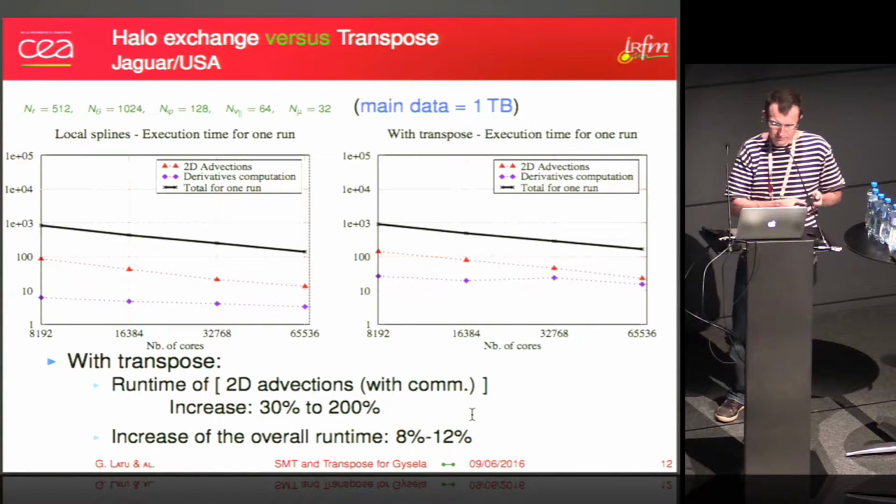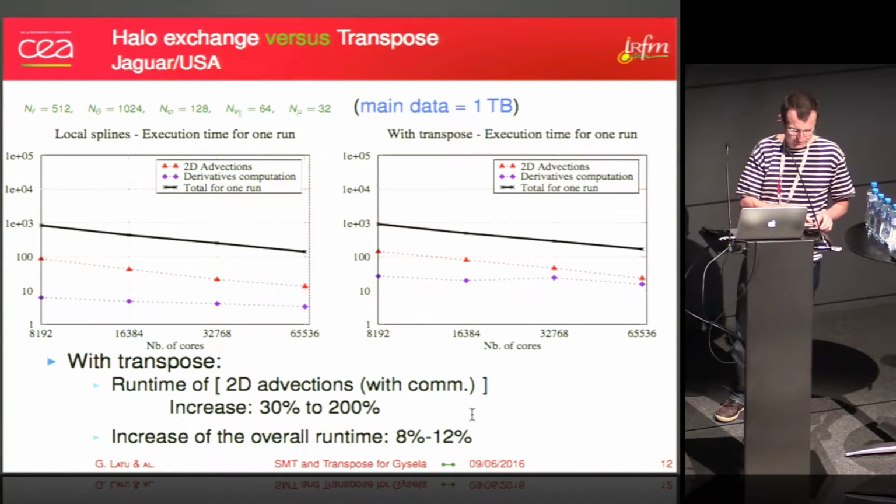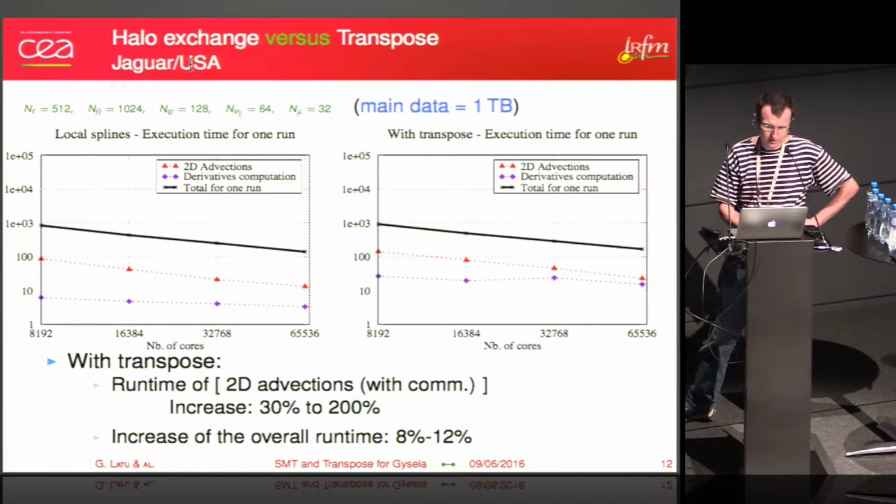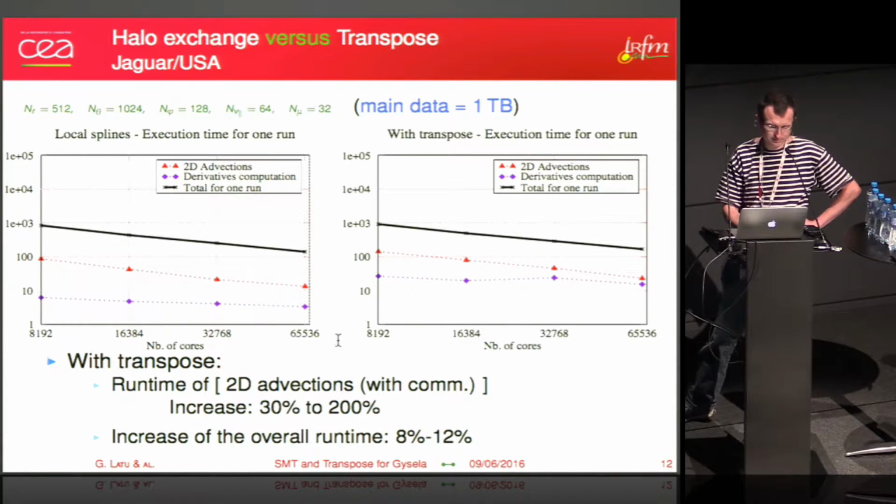So we have a look now on the performance on data structures that take 1 terabyte distributed over all the processes. In abscissa, you have the number of cores.